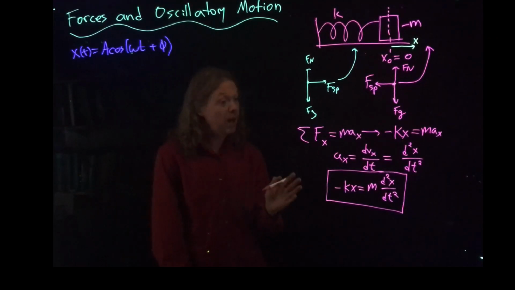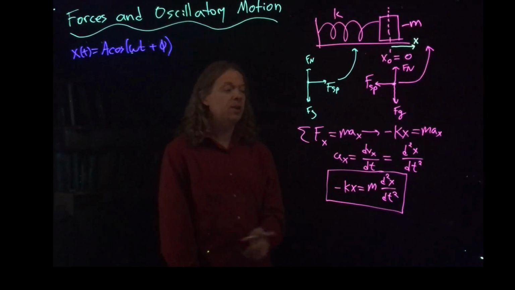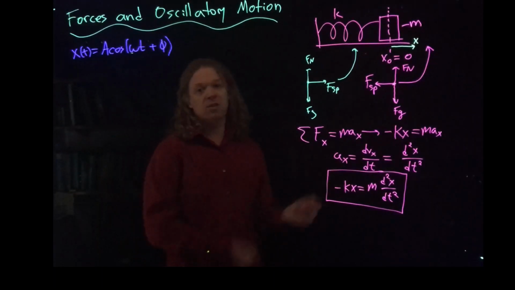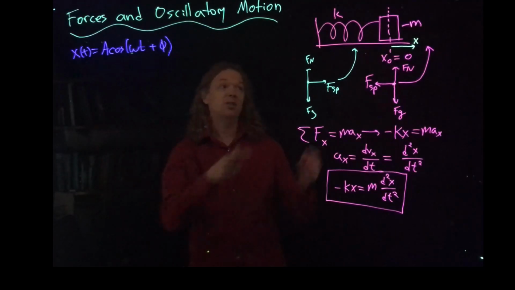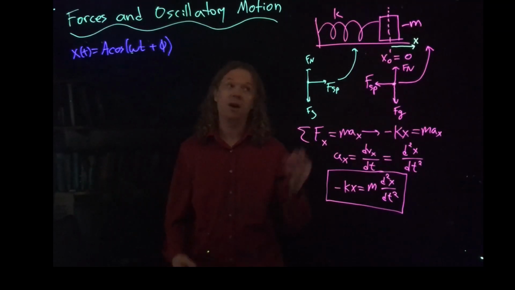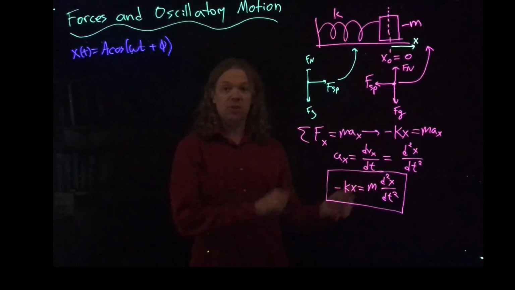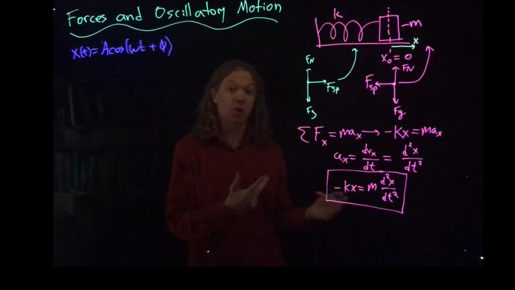We can't quite get there, but we can do something almost as good, which is we can prove that a solution to this, if I give you a solution, actually is a solution to that equation. So what I'm going to claim is that this, which we are trying to show actually describes this set of motions, does solve this equation. If I'm going to prove that, what do I have to do?